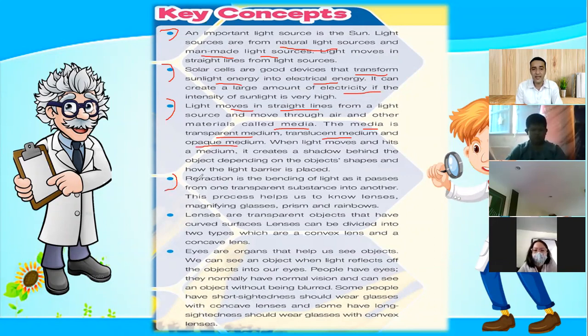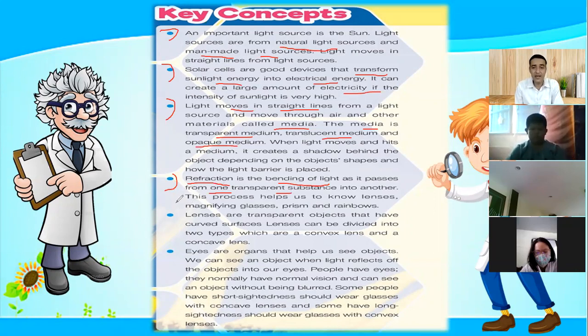Now, the fourth one is reflection. What is reflection? Reflection is the bending of light as it passes from one transparent substance into another. That is reflection.